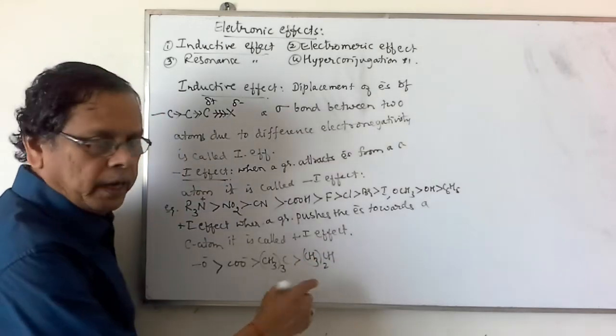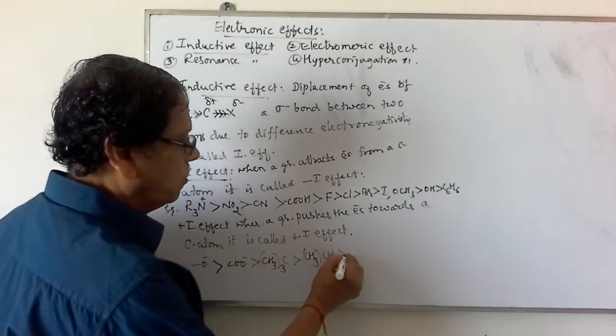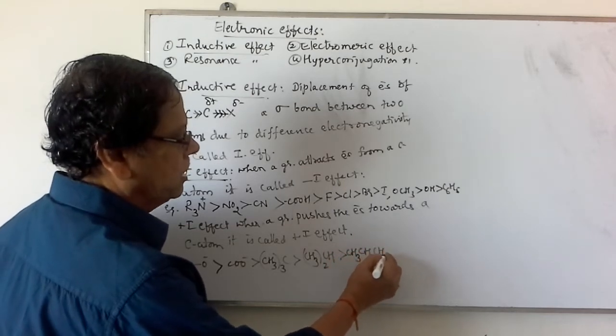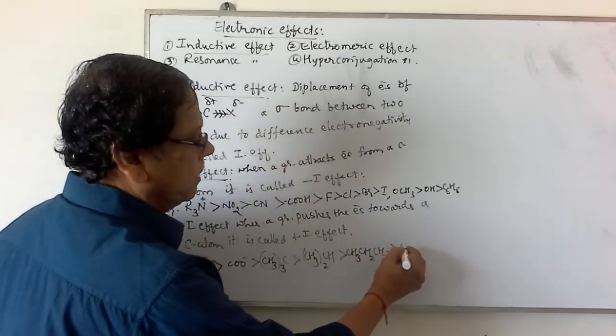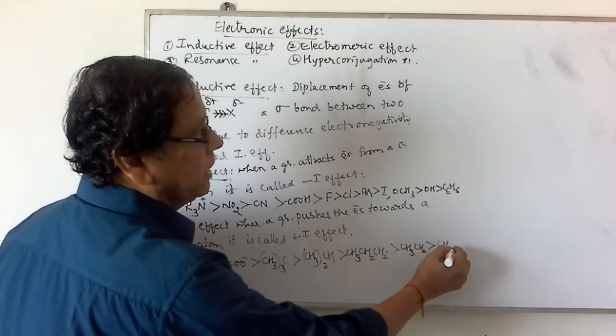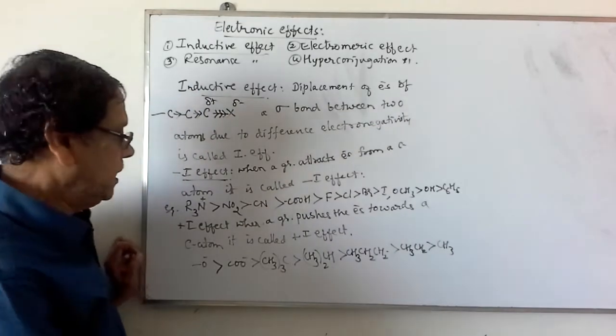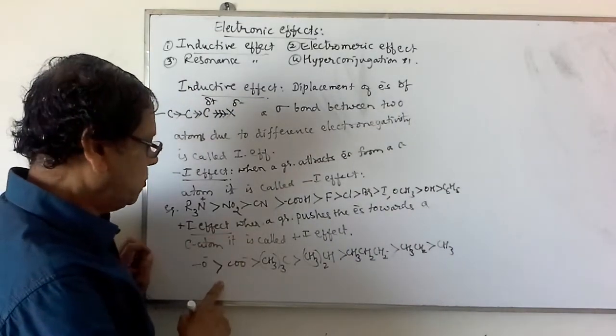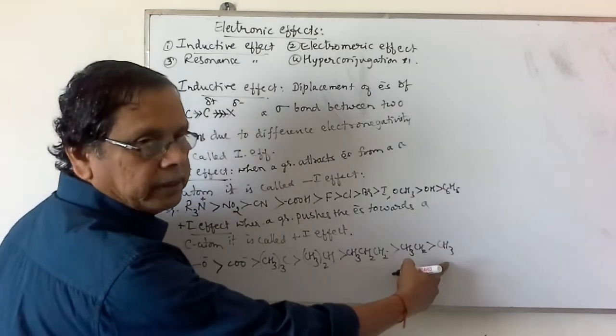This is isopropyl group, which in turn is more than the N-propyl group, CH3CH2CH2 group, then CH3CH2, then CH3. That is, positive inductive effect decreases from oxide ion to the methyl group.